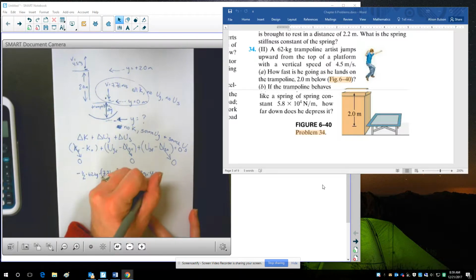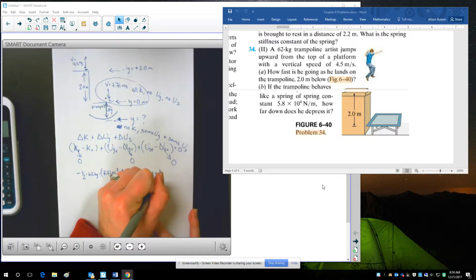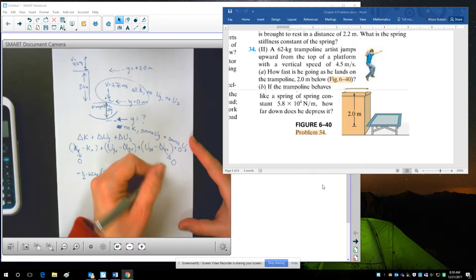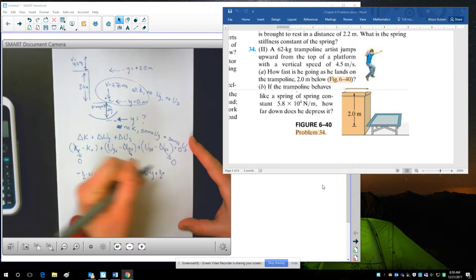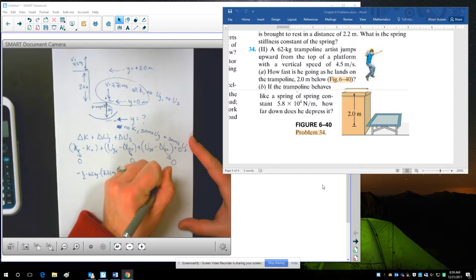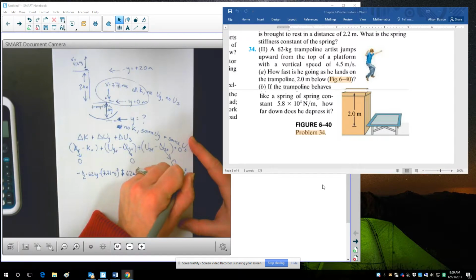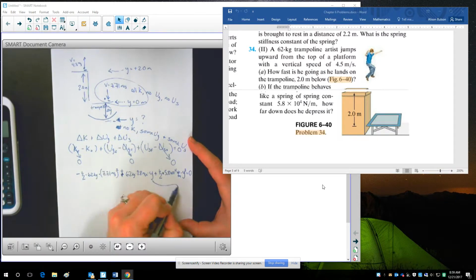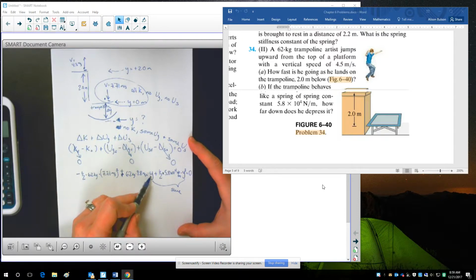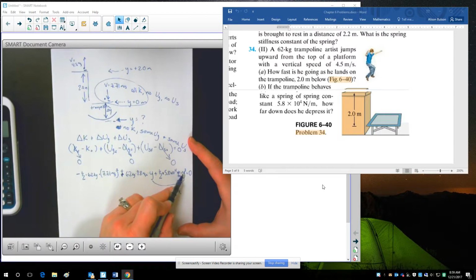So then plus half times the spring constant, 5.8 times 10 to the 4th newtons per meter times y squared equals 0. These two y's are the same. This is how far down he drops from the edge of the trampoline to its compression point.